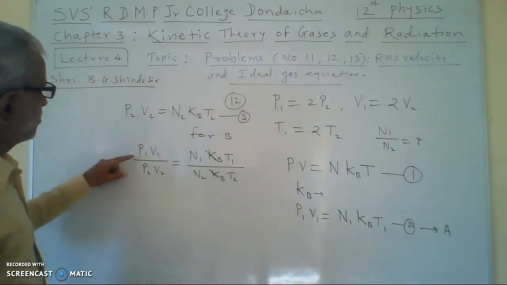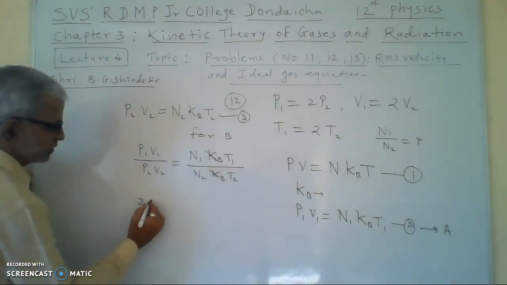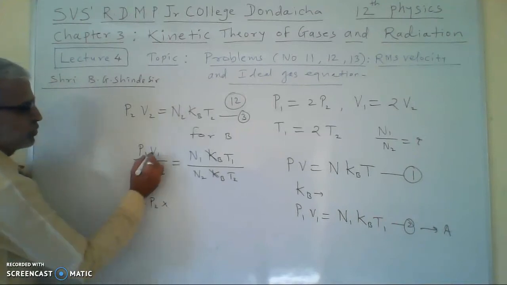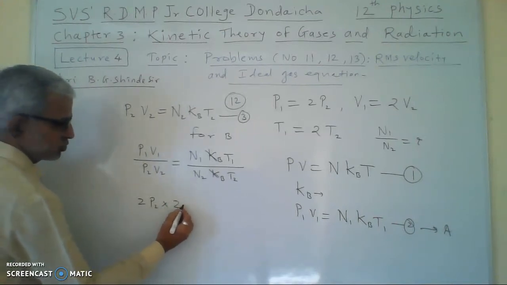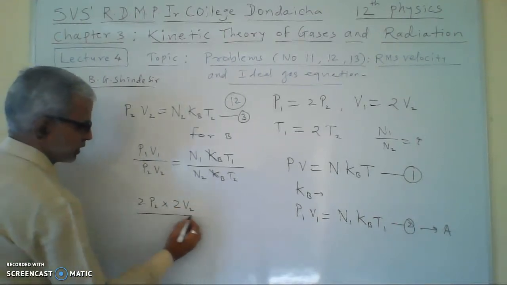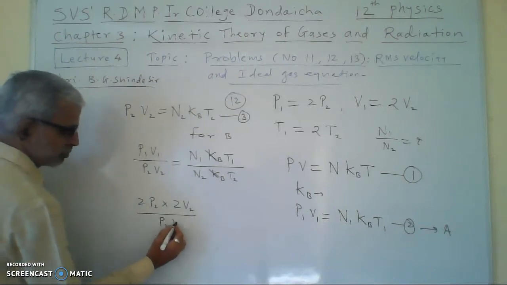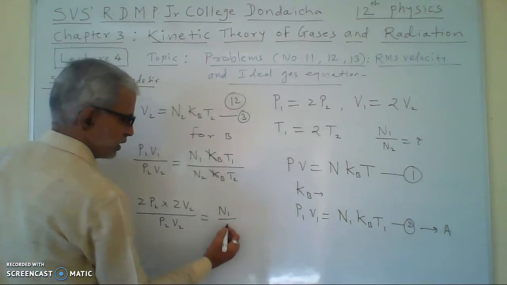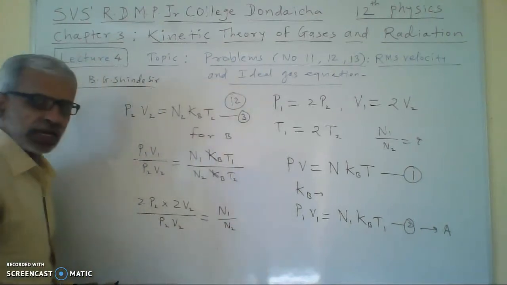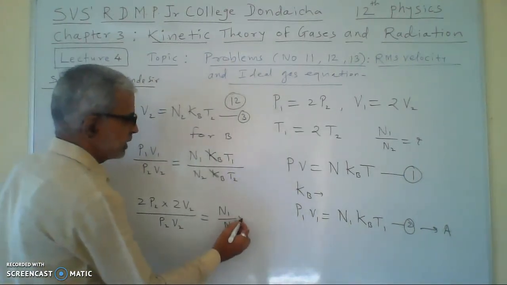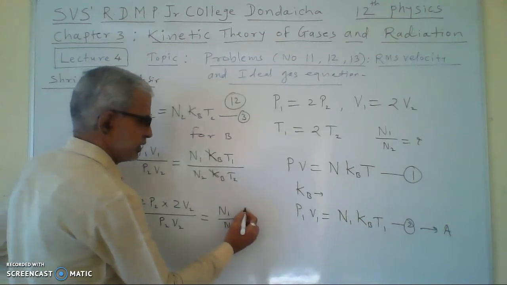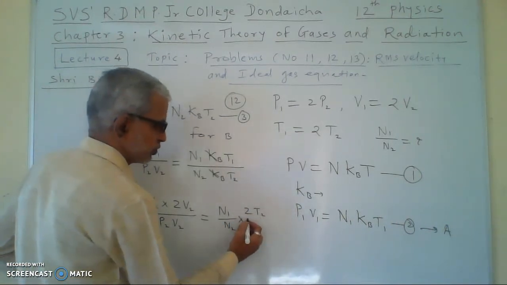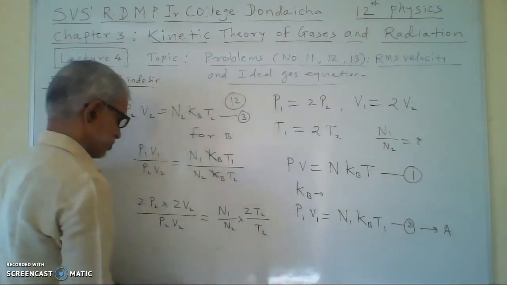Now put value of P1, it is twice P2. Put value of V1, it is twice V2. So P1 V1 divided by P2 V2 equals N1 upon N2 as it is, multiplied by T1, it is twice T2, divided by T2.